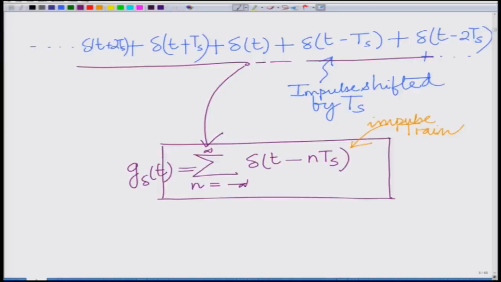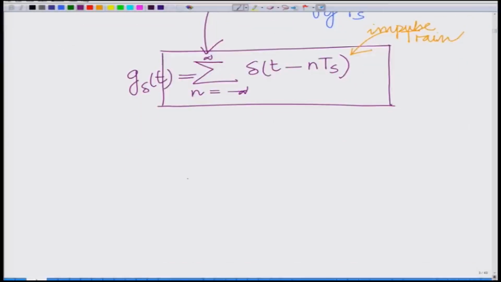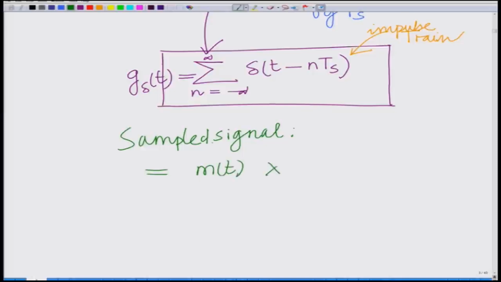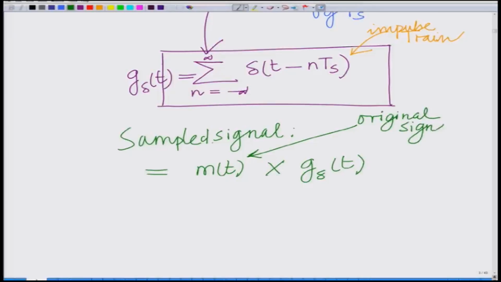Now the sampled signal can be generated. This is your m of t, the original signal, the signal to be sampled, multiplied by g delta of t, which is your impulse train.